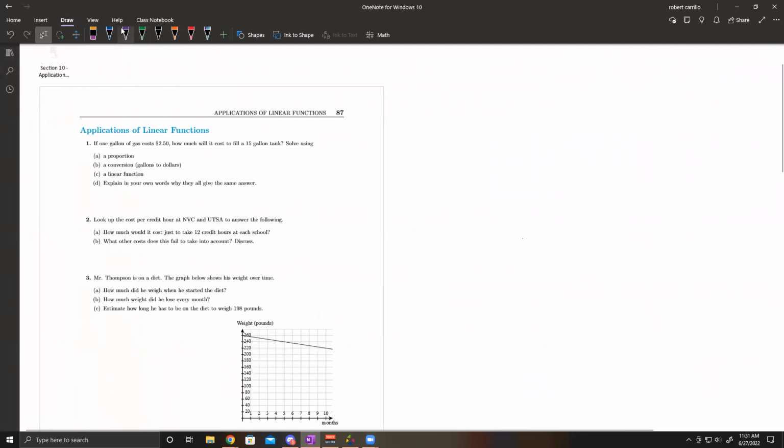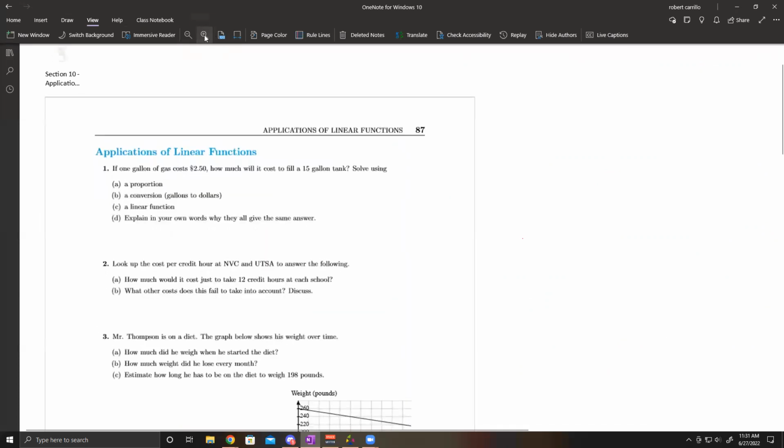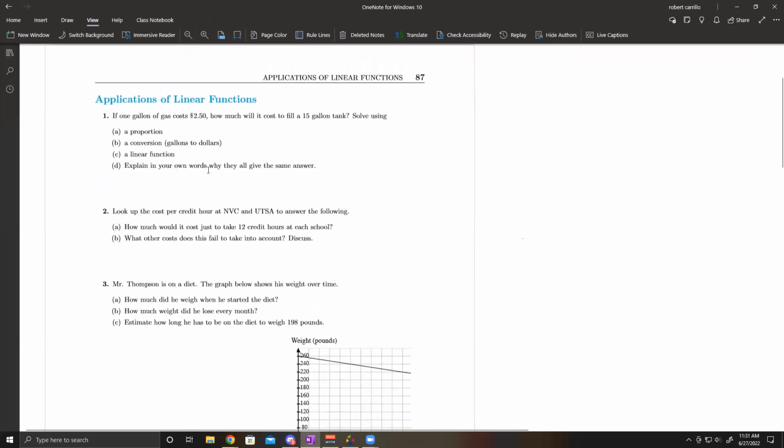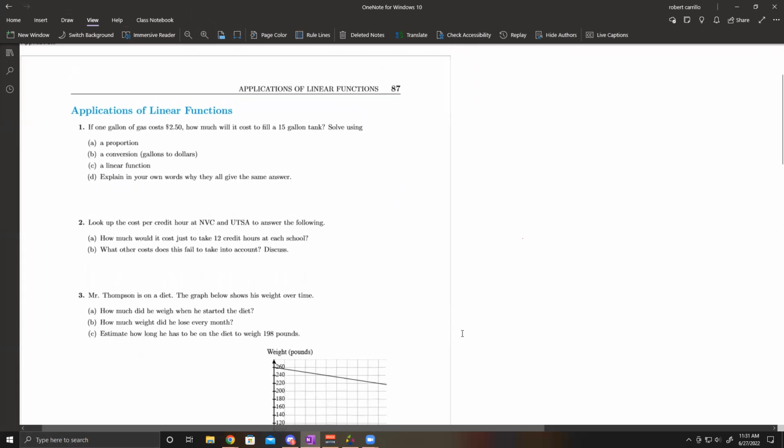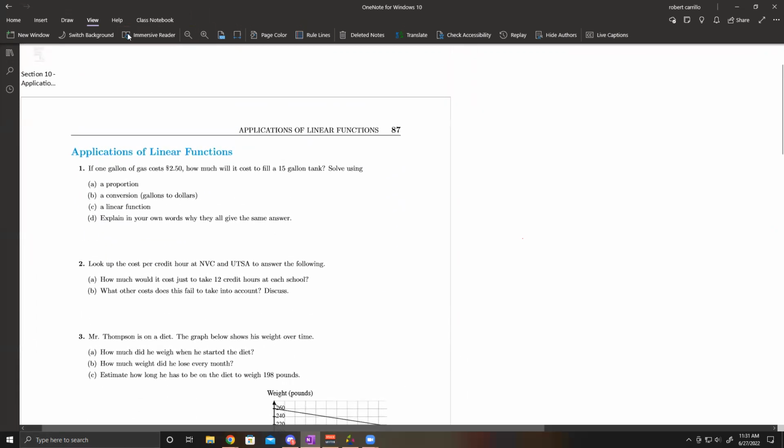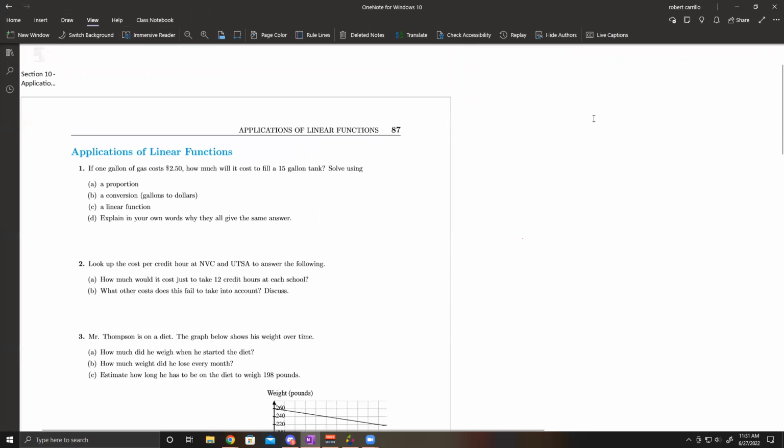Applications of linear functions. All right, cool. I will use the right side to write on. Okay, cool. So let me post these in the chat too.